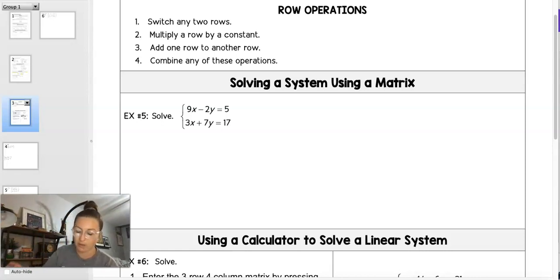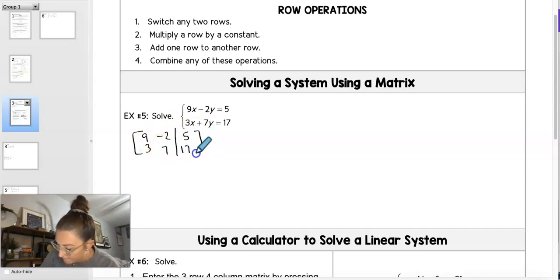Okay, so step 1 to solving a matrix. Put this into a matrix. So this matrix will be a 2 by 3. So I'm going to have a 9, a -2, and a 5. Next one's going to go 3, 7, 17. Like so.